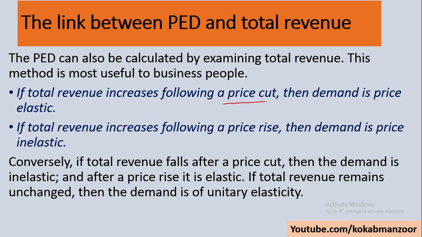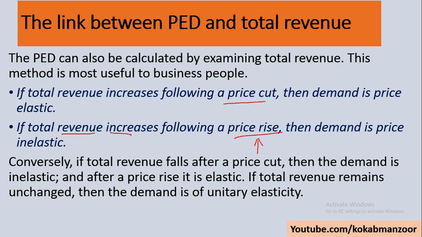And this is just vice versa. If your total revenue increases following a price rise, then the demand is inelastic. If the demand for your product is less elastic or relatively inelastic, then it is better to increase the price to increase the revenue.